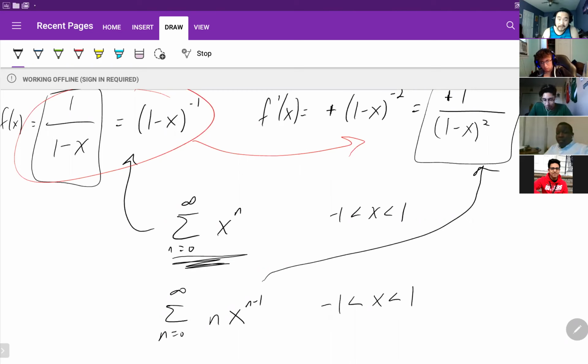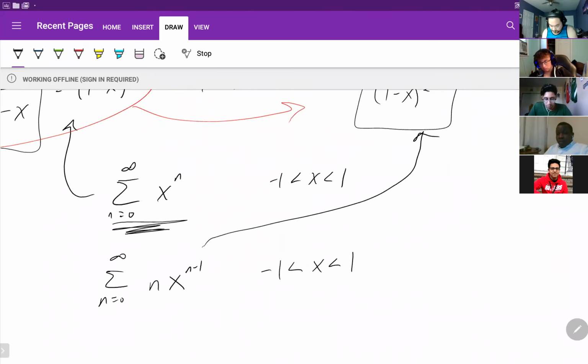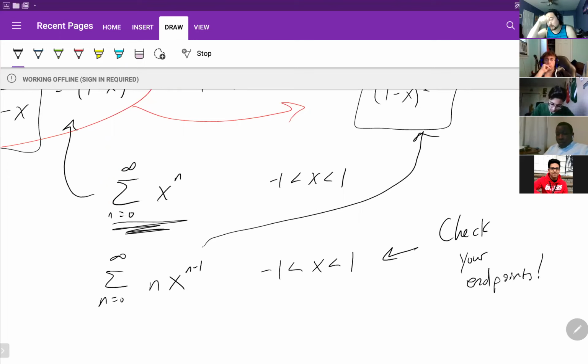There is one catch though, and I said this to you guys last class. You must still check your endpoints. Because the theorem is very clear on this. It says that only the radius stays the same, not the interval.